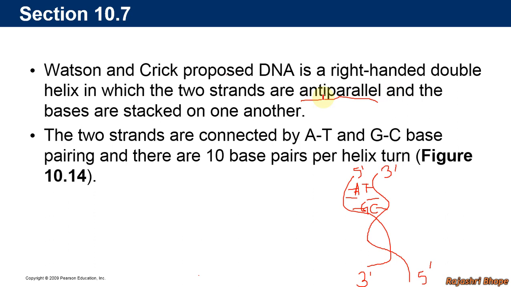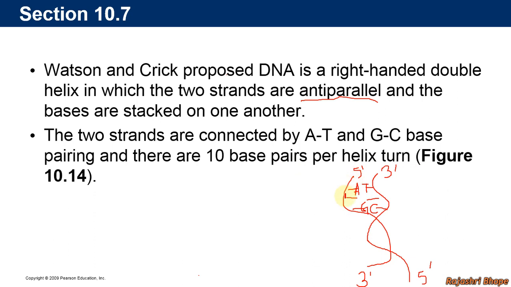Two strands are anti-parallel and coiled around one another, and the bases are stacked on one another. Two strands are connected by AT and GC base pairing, and there are 10 base pairs per helical turn.